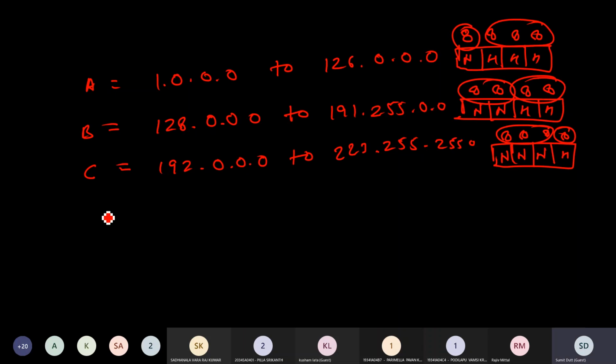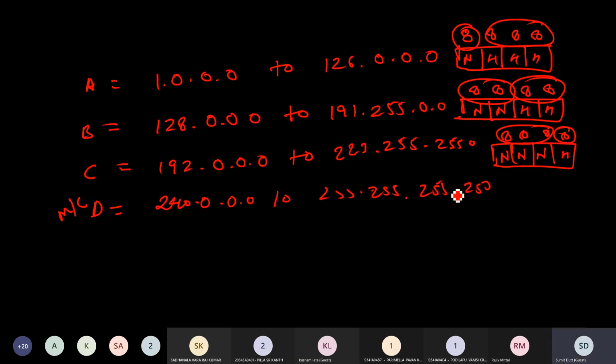Now if we say class D, that we use for multicasting purposes, the range is 224.0.0.0, and it goes up to 255.255.255.255. Right? Okay.